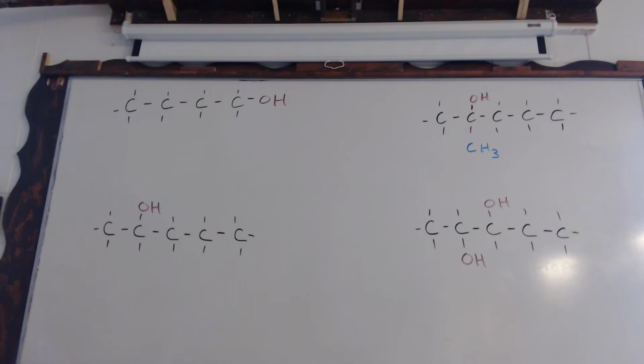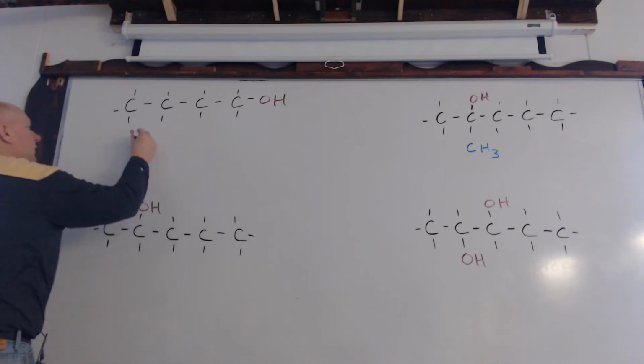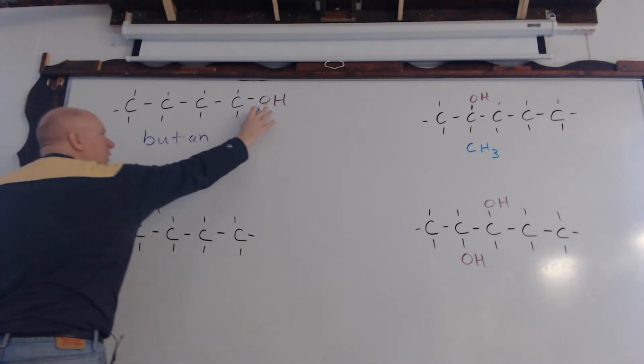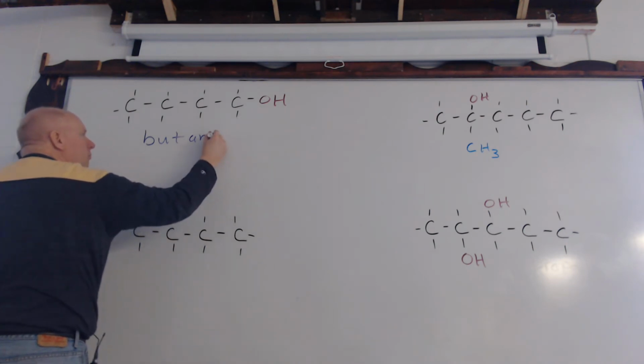So just like naming every other compound, we just go ahead and find the longest parent chain. Okay. And of course, with that being 4 carbons here, the prefix would be this. And then there's our organic family, so we've got butanol.